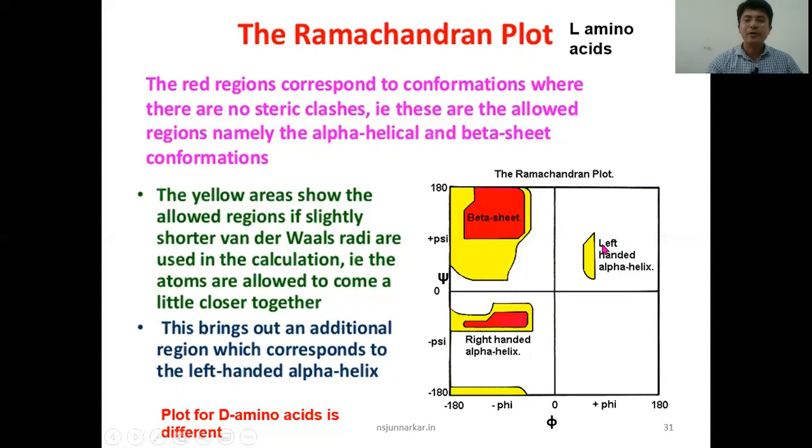In case of D amino acids, the opposite will be seen, that is, beta sheet will be seen in the lower right quadrant. The right-handed alpha helix for D amino acids will be seen in the upper right quadrant, whereas left-handed alpha helix for D amino acids will be seen in the lower left quadrant. So this has to be kept in mind.